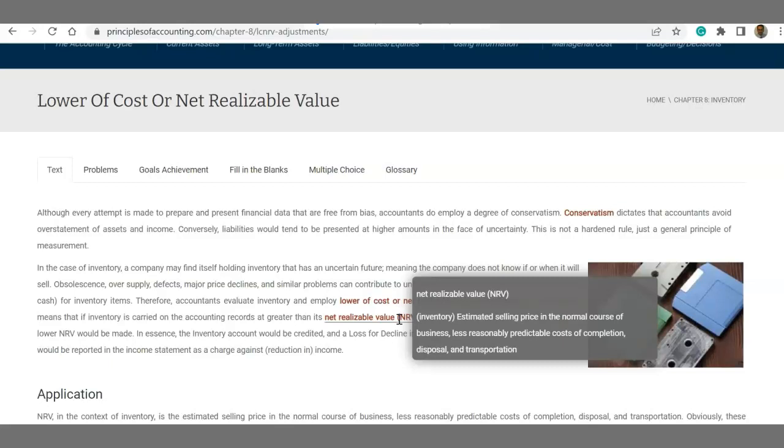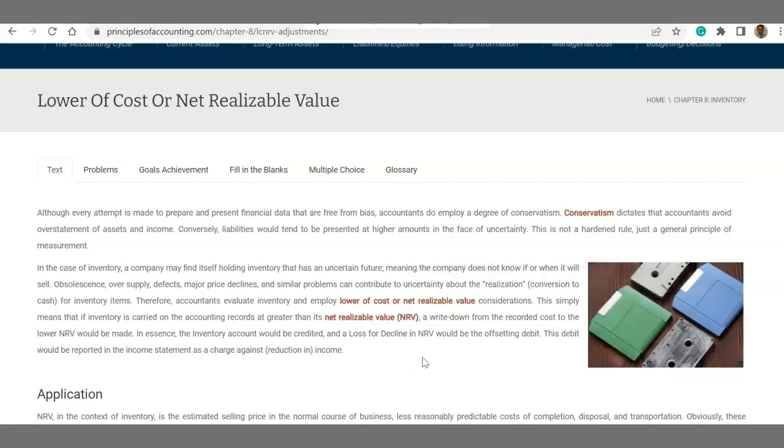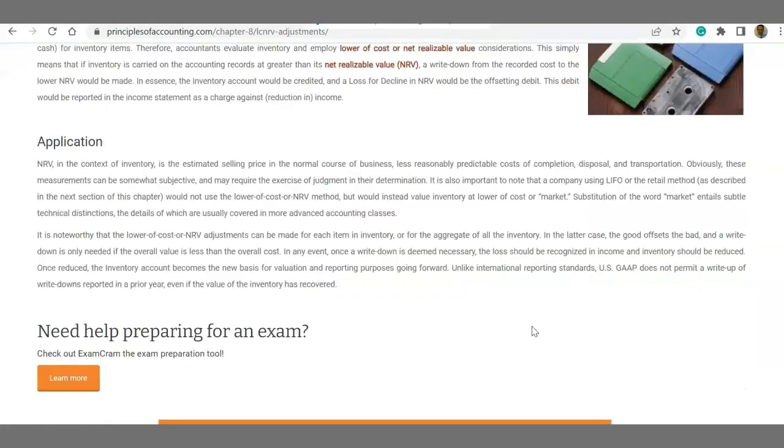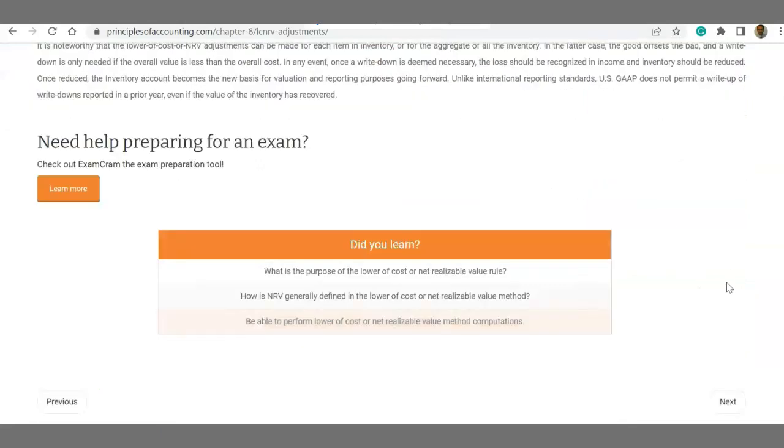And because your cost is 10, then you have to write down your inventory by $1 and recognize loss on inventory adjustment to market. Any question on NRV, lower of cost or NRV? Okay, so I gave you the example anyway, so hopefully that was a good one.